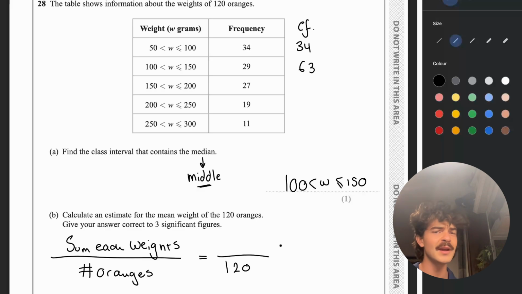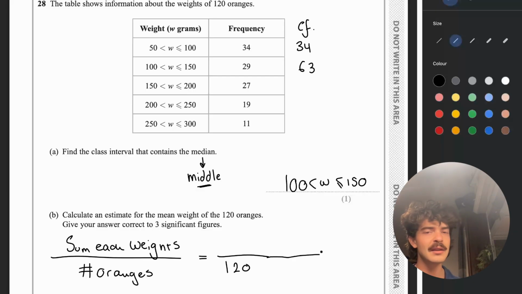But the sum of the weights is a little bit less obvious. Now, unlike typical data, where you'd get a long list and know each individual weight, maybe one was 57 grams, one was 63 grams, one was 125 grams, one was 220 grams. But here we've lost some of that information. We've put them into intervals, so we've lost the individual values.